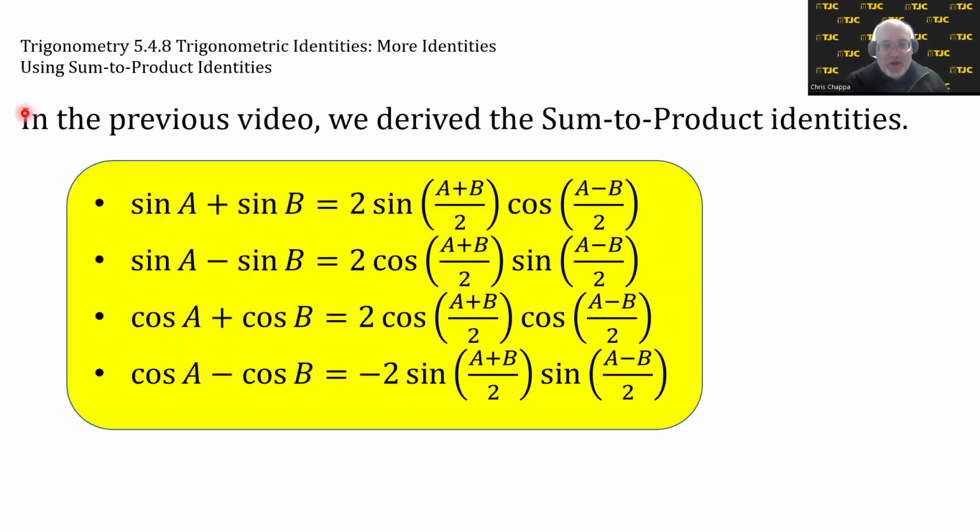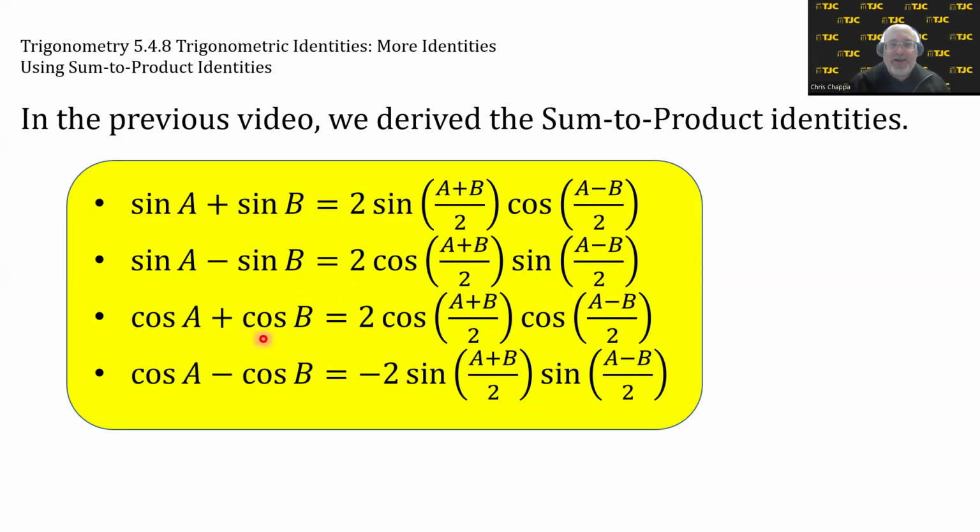In the previous video, we derived the sum to product identities. Sine of A plus sine of B equals 2 times sine of (A plus B) over 2 times cosine of (A minus B) over 2. And sine of A minus sine of B equals 2 times cosine of (A plus B) over 2 times sine of (A minus B) over 2.